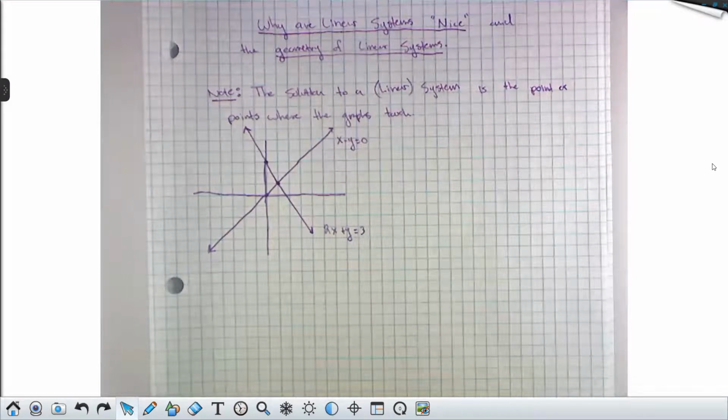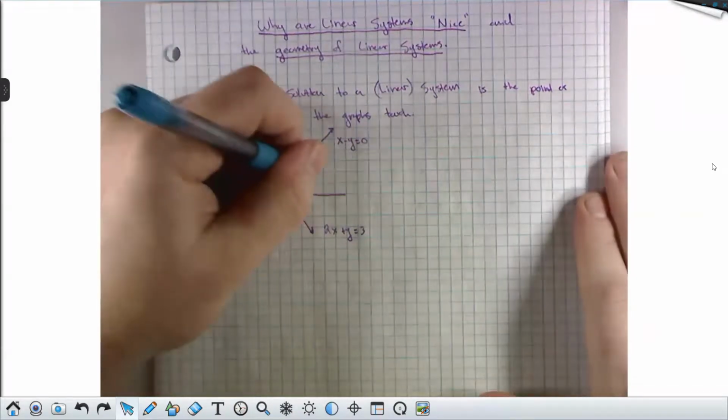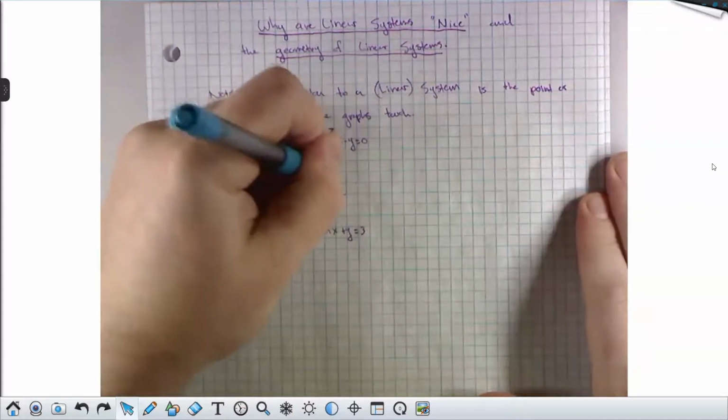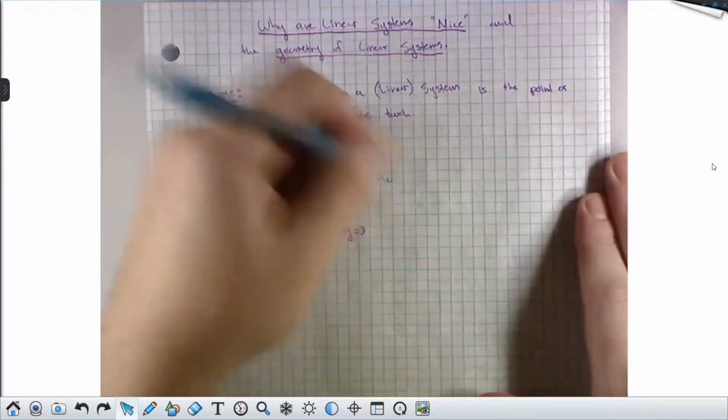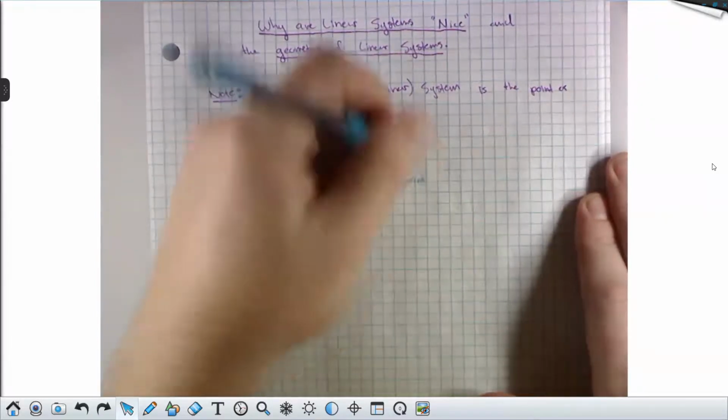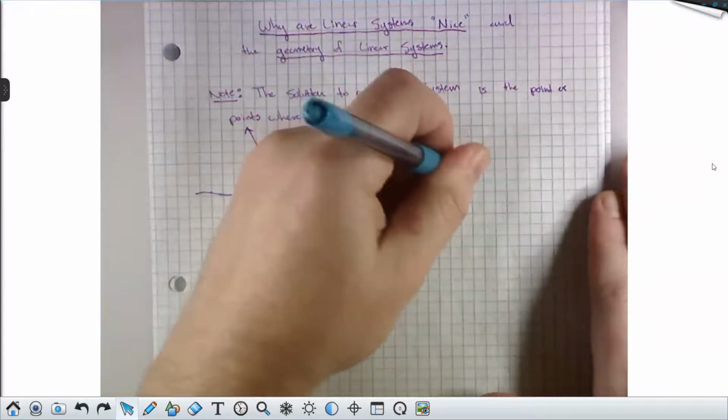And you see the point where these guys touch. The solution is the point (1, 1).